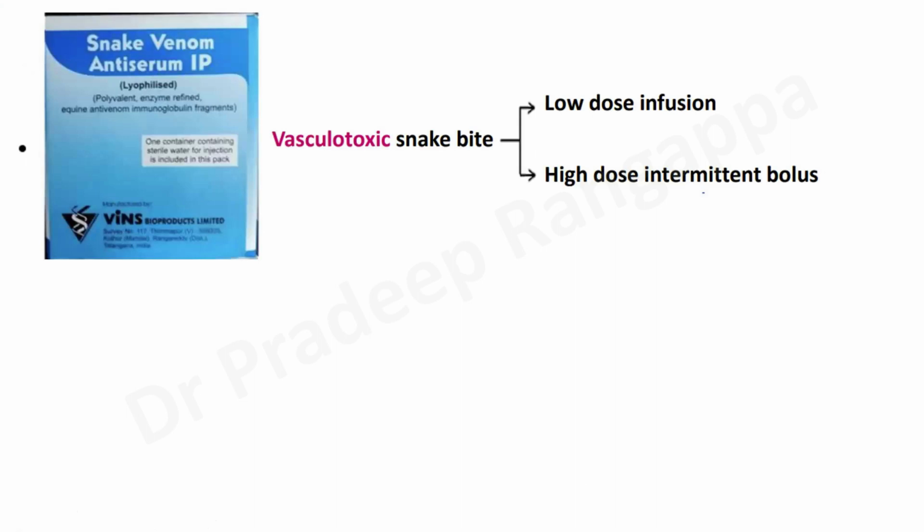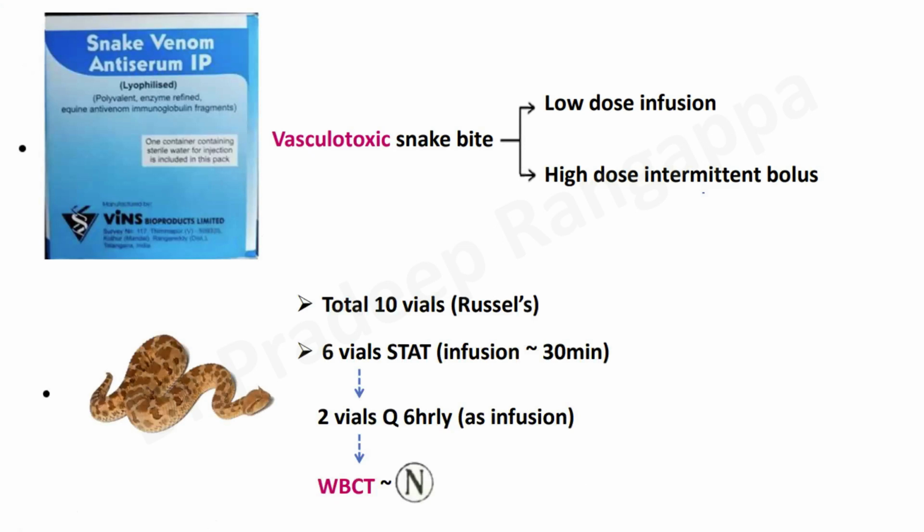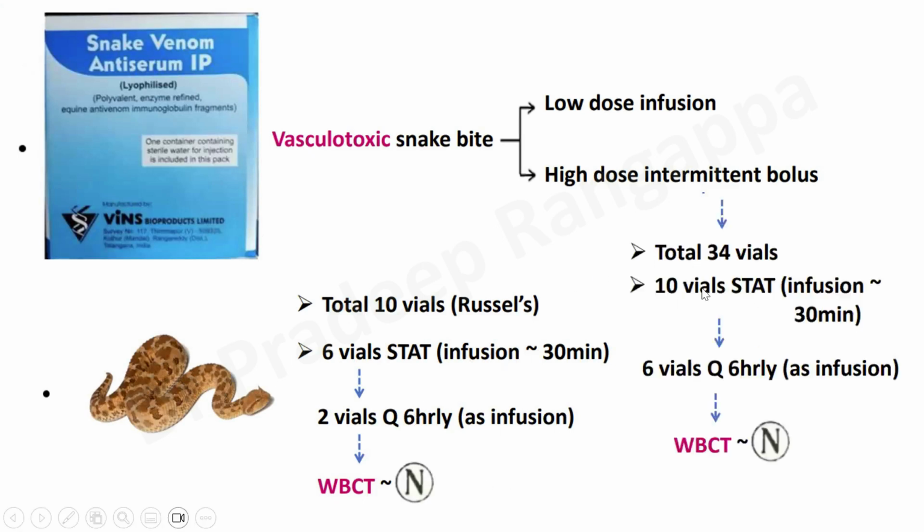So how do we use ASV? If it is a vasculotoxic snake bite like viper or krait, there are two types of infusion that are recommended: low dose infusion and high dose intermittent bolus. If it is a viper, for the low dose, the easy way to remember is give 10 vials stat and 2 vials every 6 hourly until whole blood clotting time normalizes. That is low dose. If it is high dose, 10 vials stat and 6 vials 6 hourly.